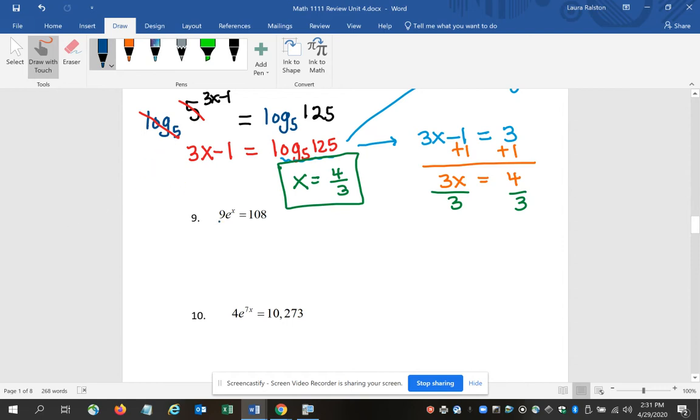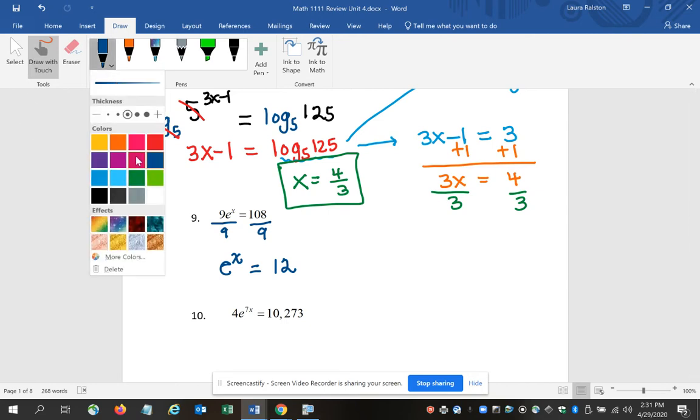So the first thing I'm going to do is get it by itself, and to do that, I have to divide both sides by 9. So I have e to the x equals 12. 108 divided by 9 is 12.